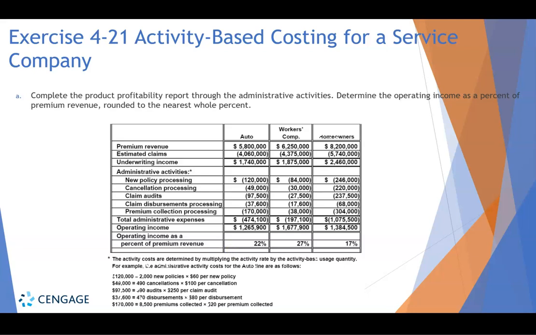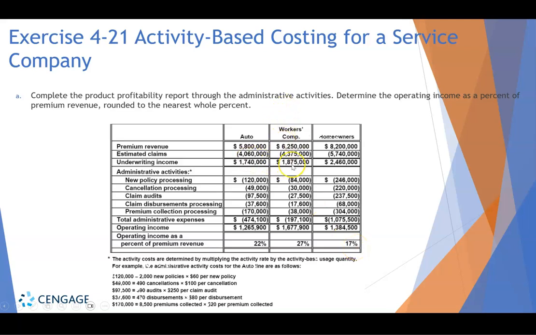As you see here, as we break up these administrative activities, we see that workers' comp has a greater operating income to revenues than does homeowners.